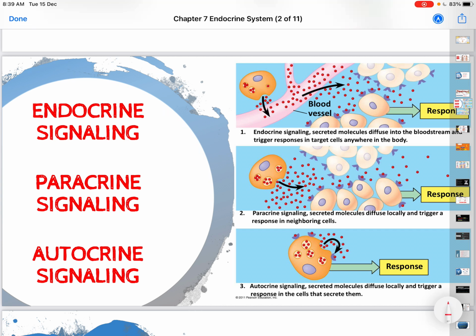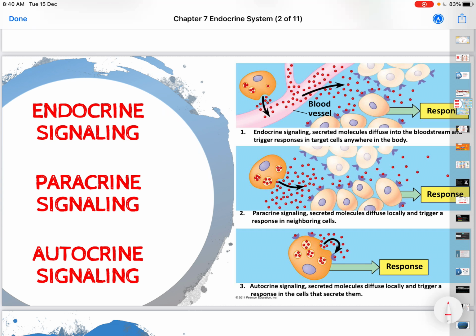This is the hormone that is secreted into the blood vessel, and later it will go to the target cells. And for paracrine signaling, secreted molecules diffuse locally and trigger a response in neighboring cells.